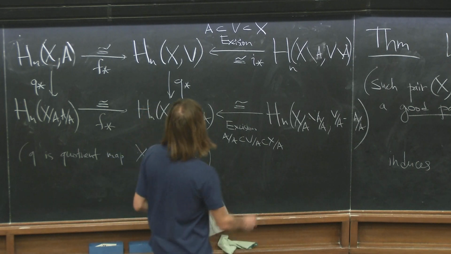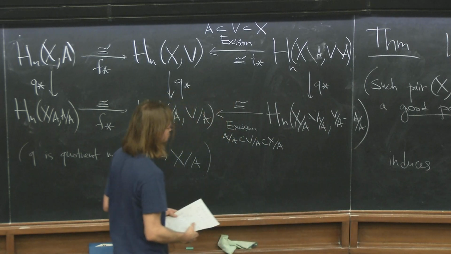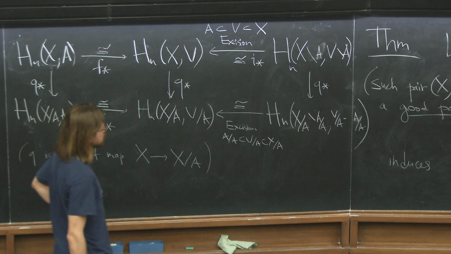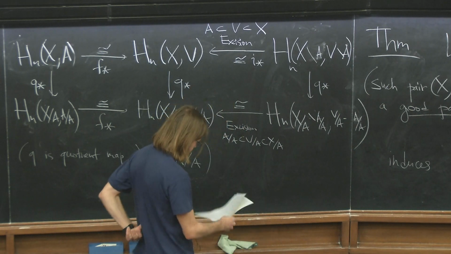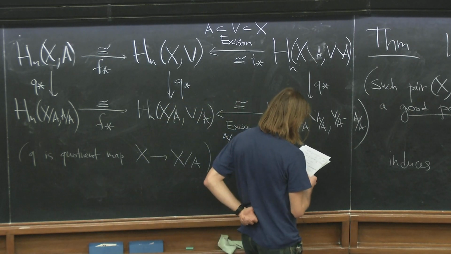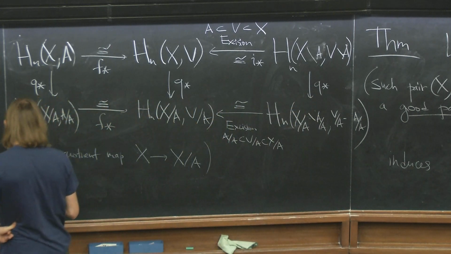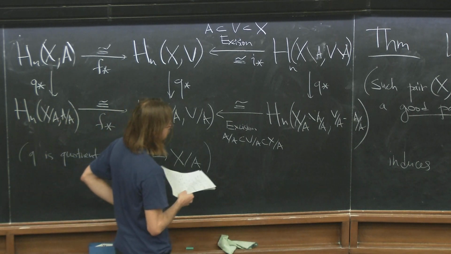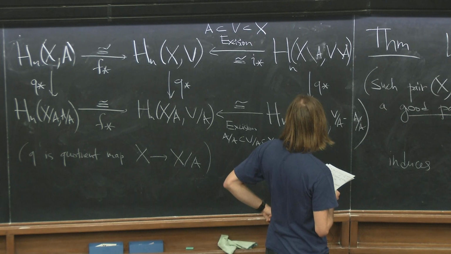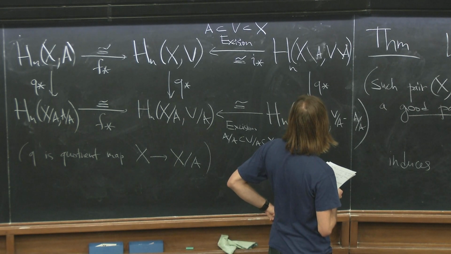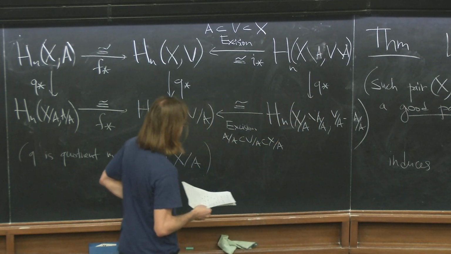Okay, and of course you can consider that this is also the map induced by a quotient map between this pair of homology groups. And here you can see this map, well, you can see that in a kind of tautological way.